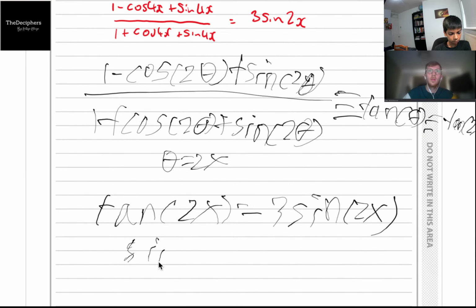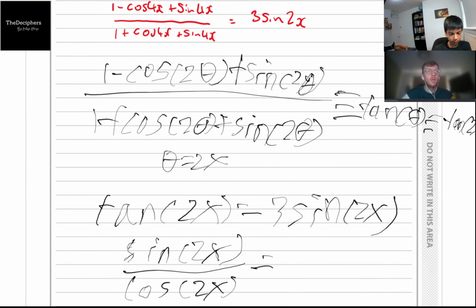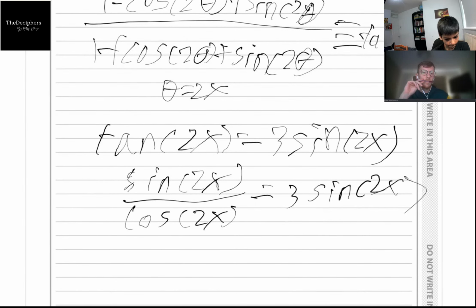Sine of 2x divided by cos 2x equals 3 sine 2x. Good. Okay.